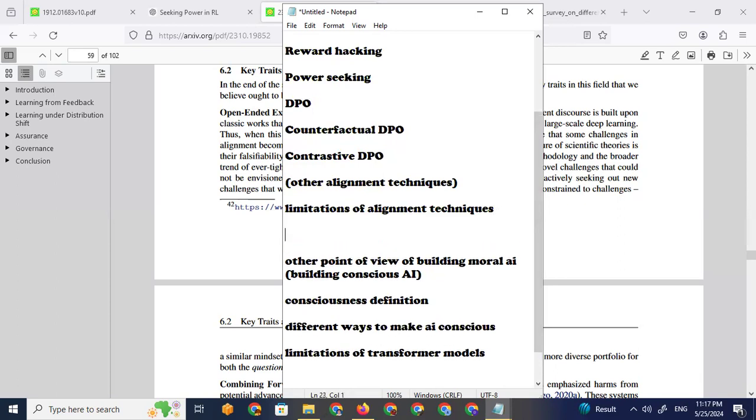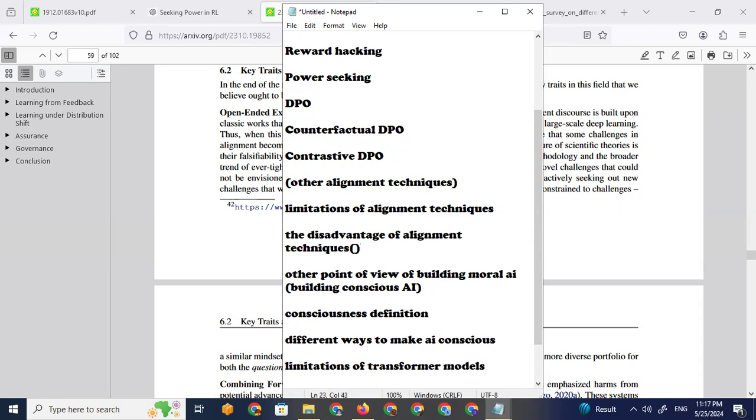After the limitations of alignment techniques, the disadvantages of alignment techniques, I'll put in making AI our pet, just to make sure I remember.